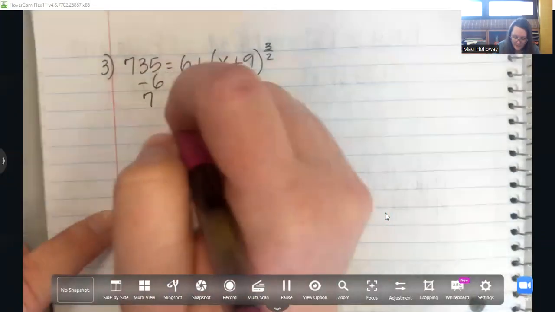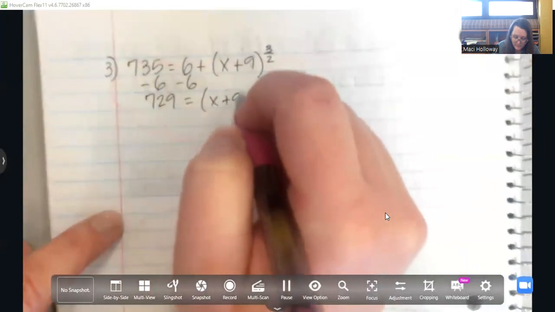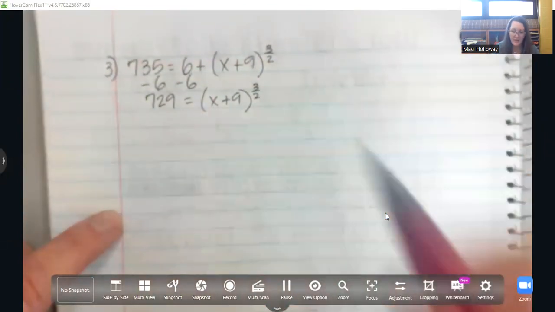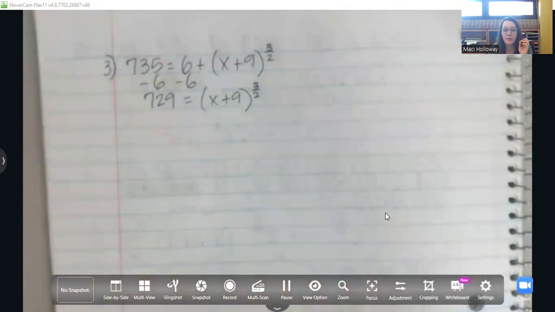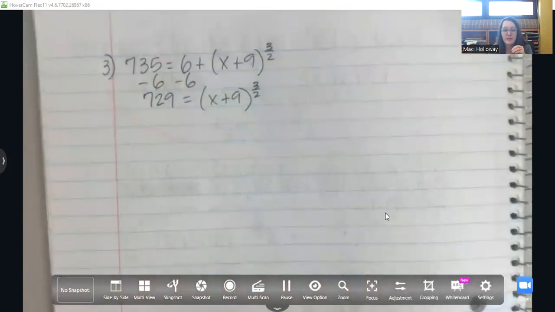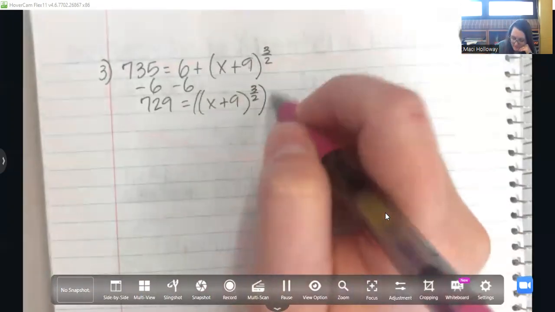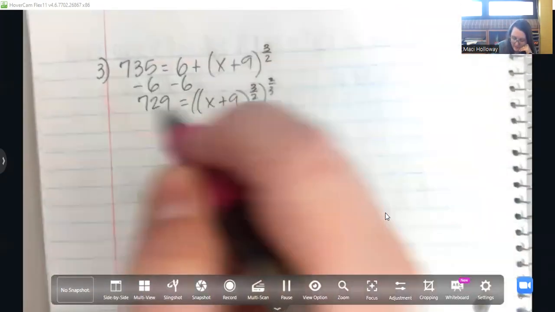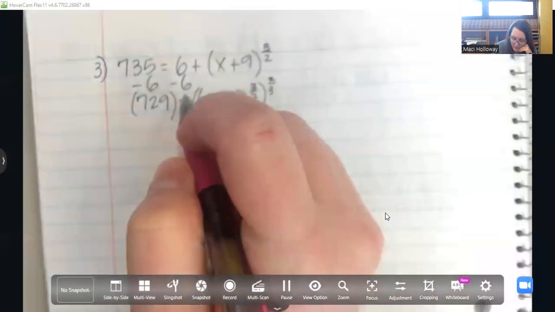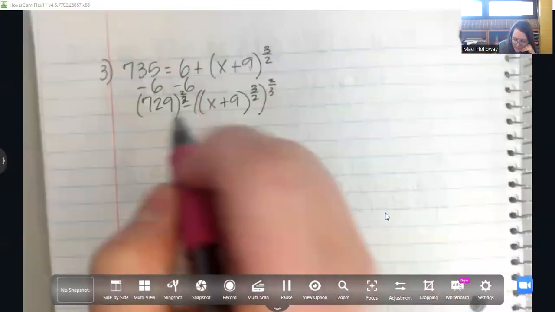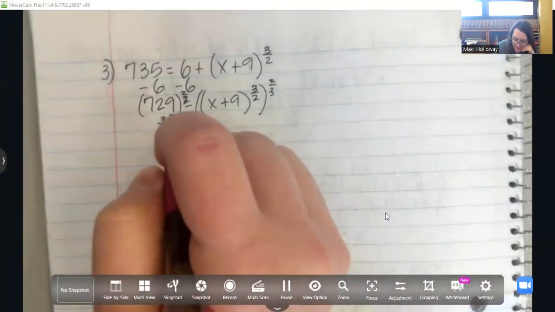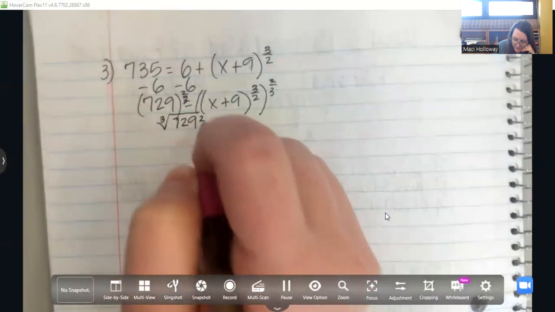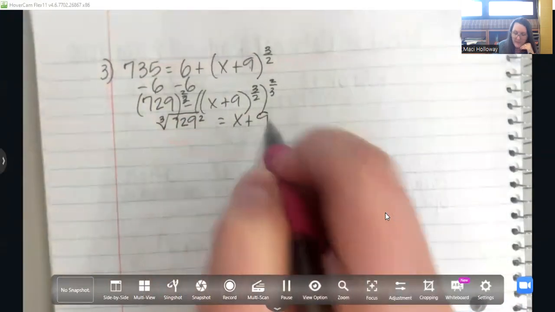So this is going to be 729 equals x plus 9 to the 3/2 power. Since I have it isolated, my next step is to raise both sides to the inverse exponent, the 2/3 power.